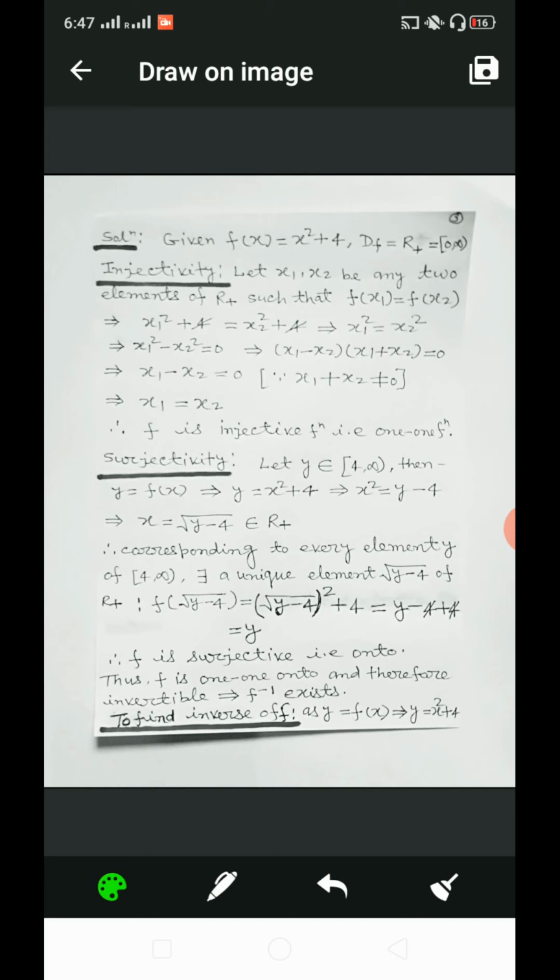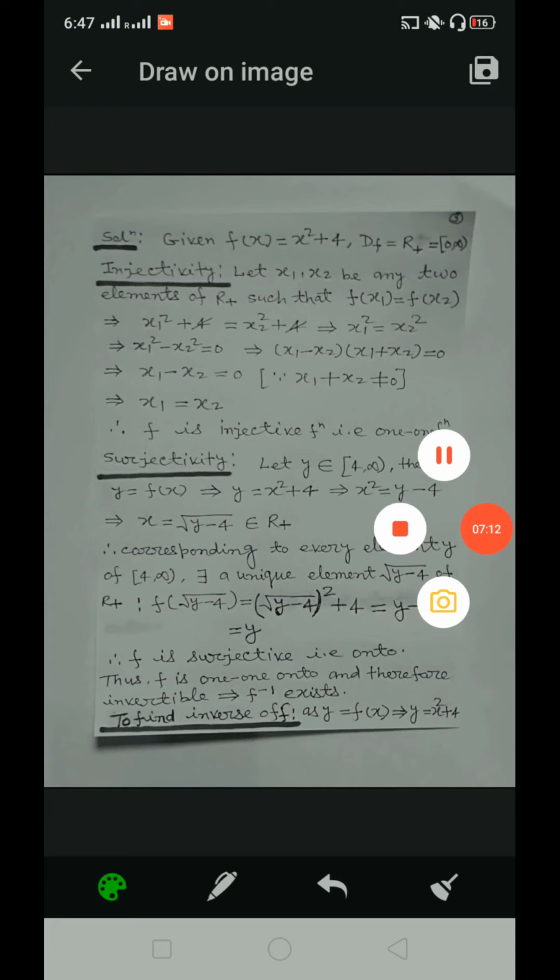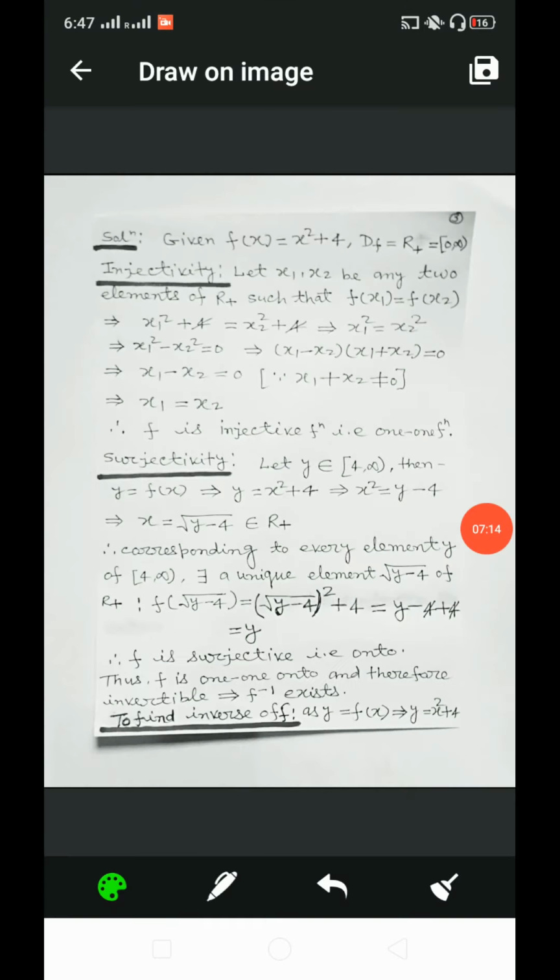Dear students, I had already discussed that for an invertible function we have to show that the given function f is one-one onto.